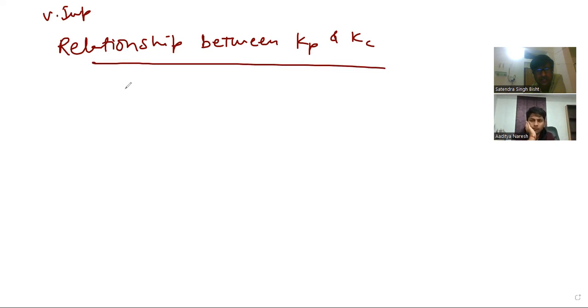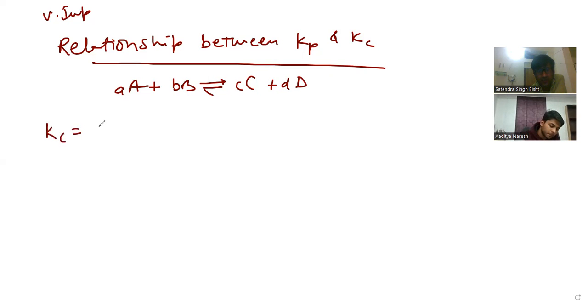If the reaction is aA plus bB gives cC plus dD, in case of Kc, its formula is products, C raised to the power c, D raised to the power d, divided by A raised to the power a and B raised to the power b.